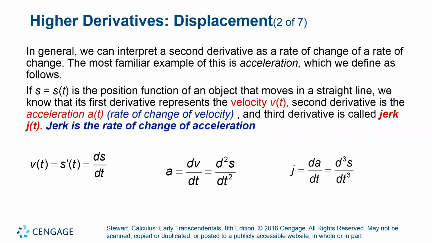Now, in real life, if you have an object moving in a straight line, we call this the position function, or the displacement function. As you are driving, you set off your car and the car is moving, so the displacement is changing, and that is what we call the velocity, or the instantaneous velocity. To find that, you differentiate your displacement function.